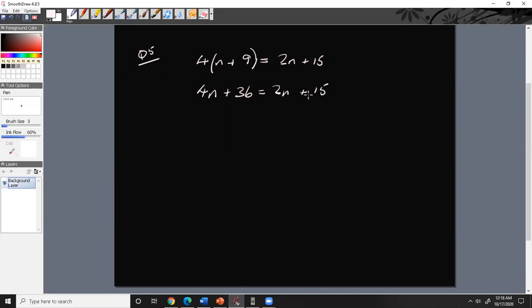Take away the smallest number of the variable, which in this case is n. So taking away 2n from both sides, 2n plus 36 is equal to 15. And now you've got to take away 36 from both sides.